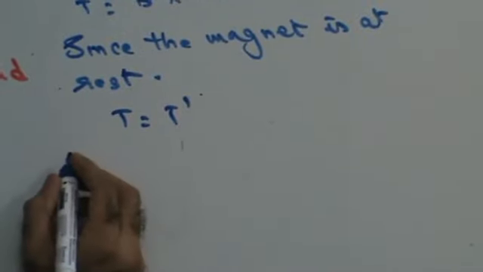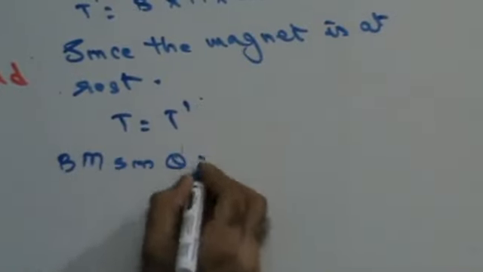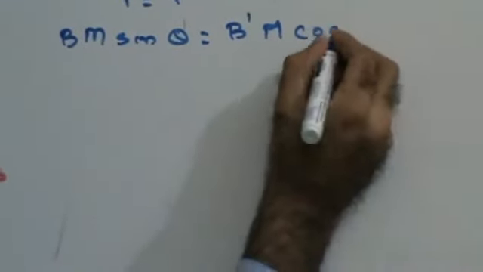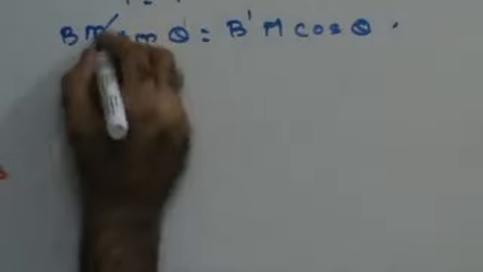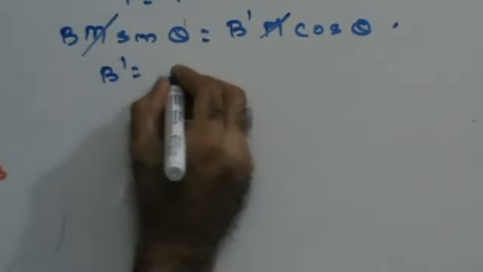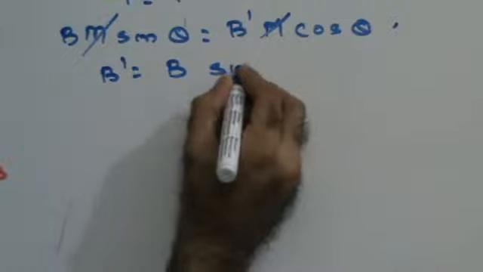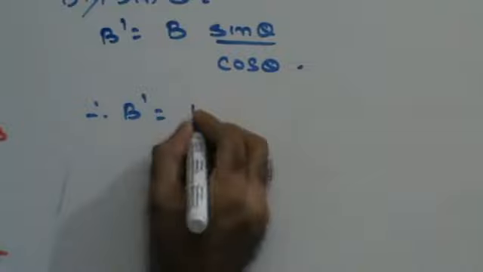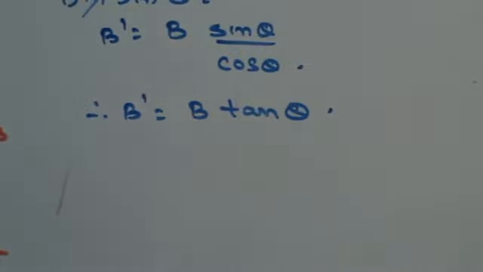Now T can be written as BM sin theta, and T bar can be written as B bar M cos theta. M and M get cancelled, so I get B bar is equal to B sin theta upon cos theta. Therefore, B bar is equal to B tan theta. This is what is my tangent law.